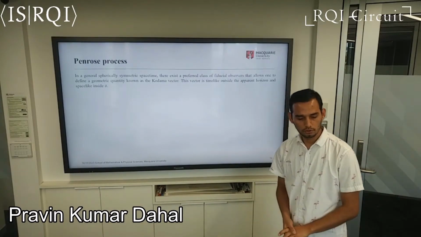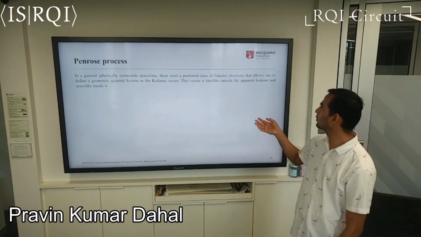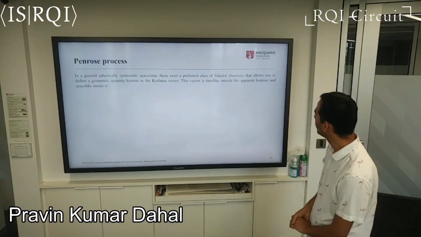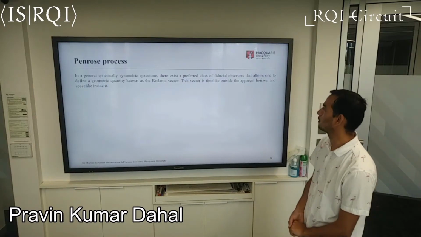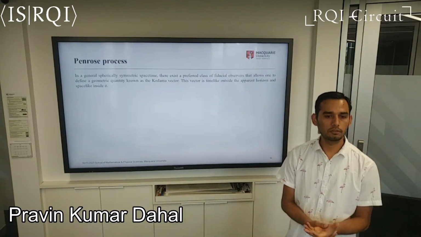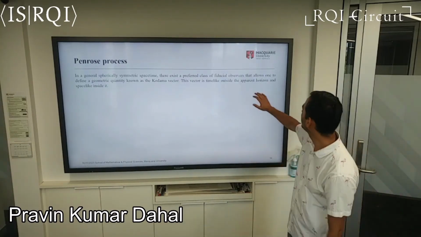So to explain the Penrose process in spherically symmetric spacetime, we need the notion of the Kodama vector. So what is the Kodama vector? In spherically symmetric spacetime, there exists an observer, a spherically symmetric observer, which respects the symmetry of the spacetime.